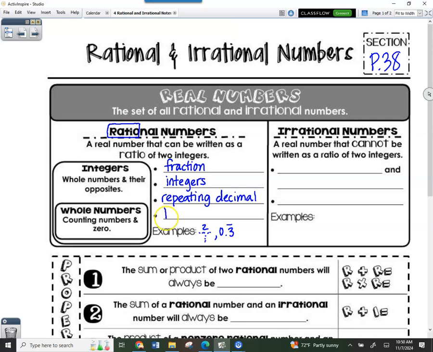There's another type of decimal that can be written as a fraction, and that's called a terminating decimal. Well, if something terminates, what does that mean? Stops. So it means it's a decimal that just stops. Doesn't matter if it's ugly, it just stops. Let's just make one up. 0.435.